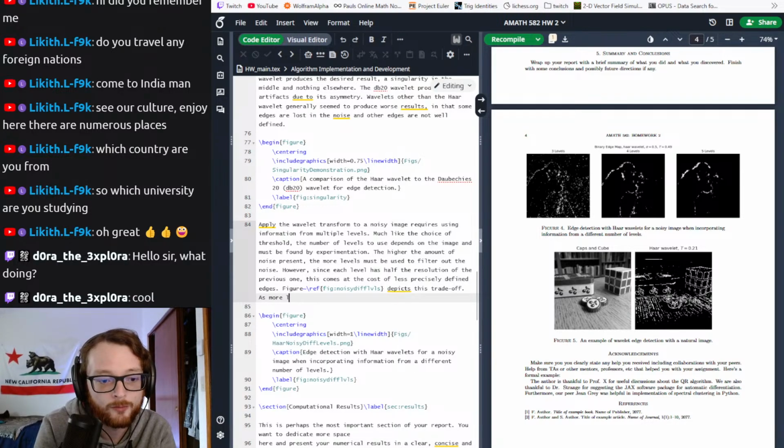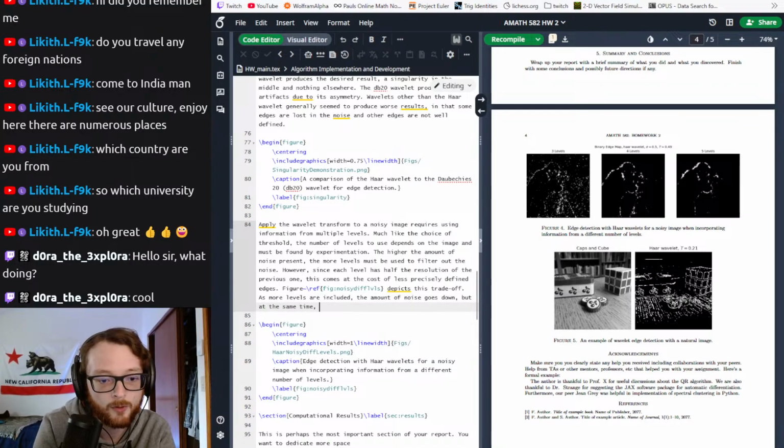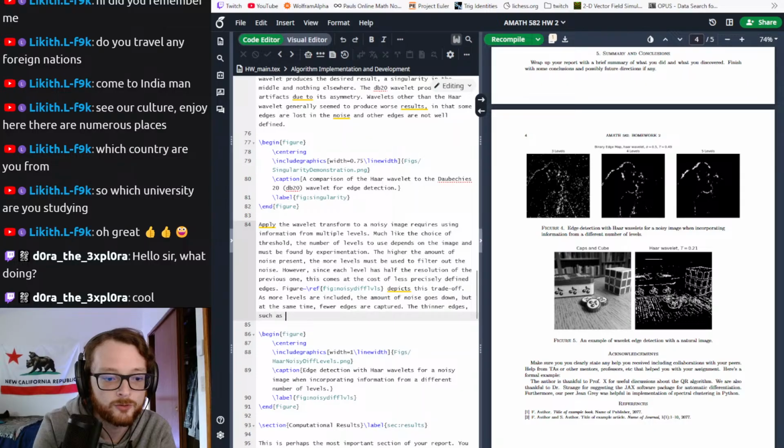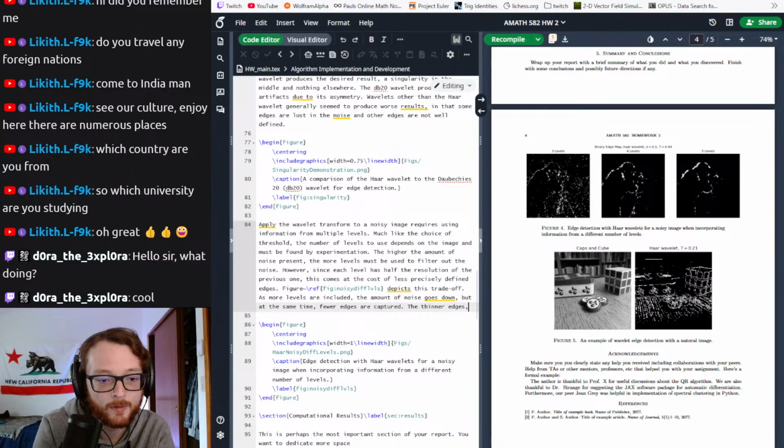As more levels are included, the amount of noise goes down, but at the same time, fewer edges are captured.